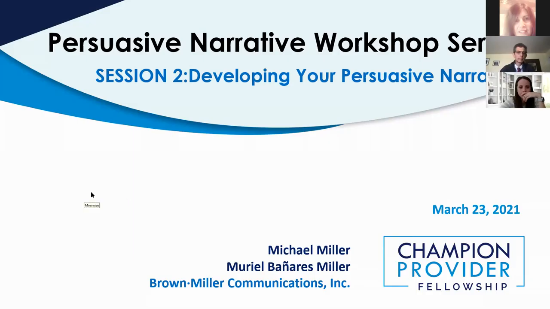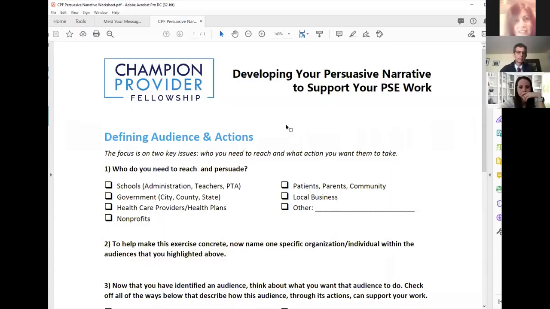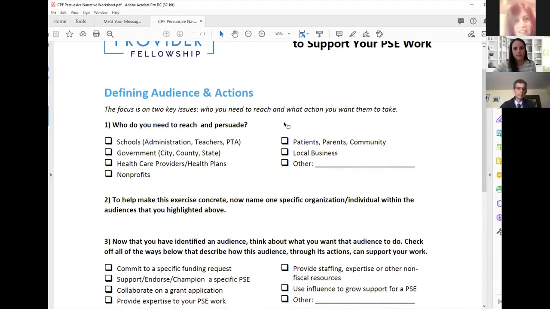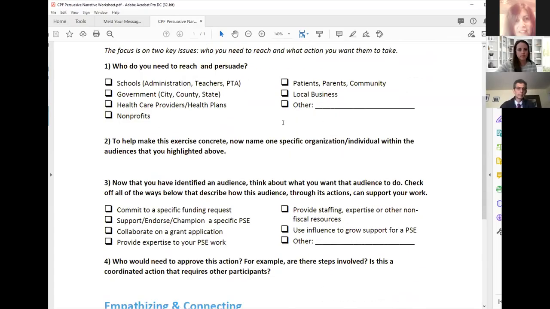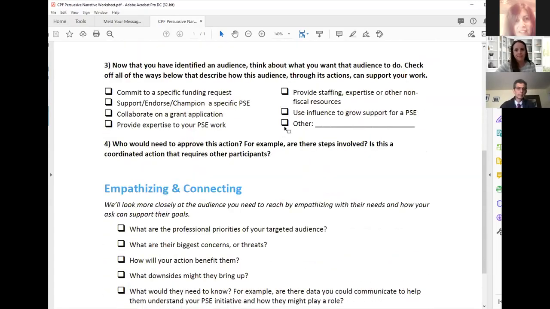Just before we get started, can we show people what that document looks like? Of course. There you go. Hopefully you have a copy of that in front of you, with pen or pencil ready. We'll be working through this.